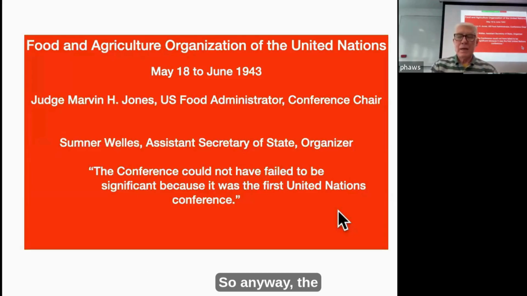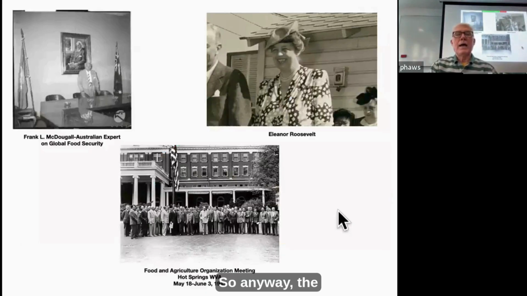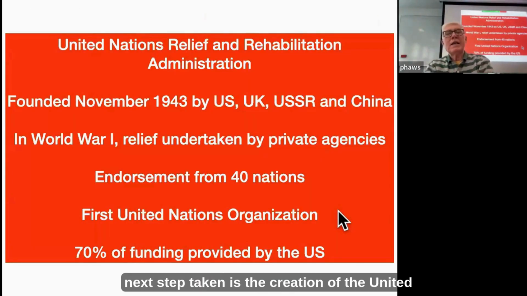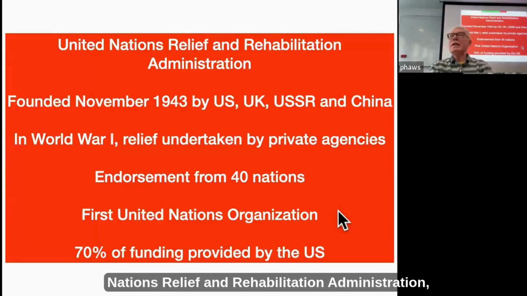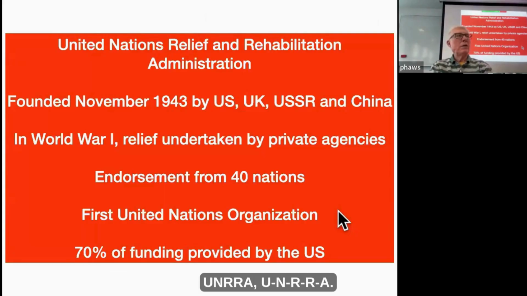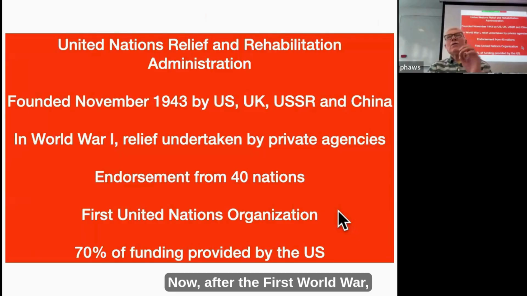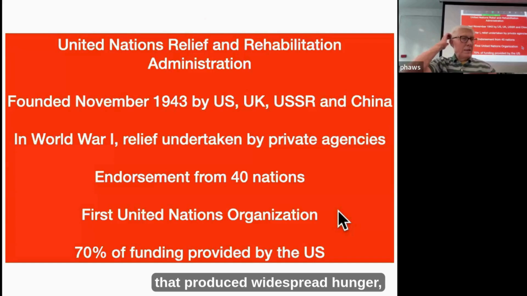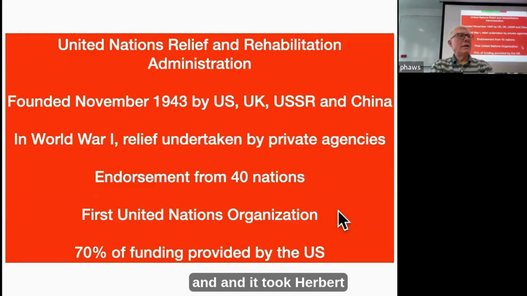Nations proposals. So anyway, the next step taken is the creation of the United Nations Relief and Rehabilitation Administration, UNRRA. Now, after the First World War, there was a tremendous dislocation that produced widespread hunger, and it took Herbert Hoover to organize this.